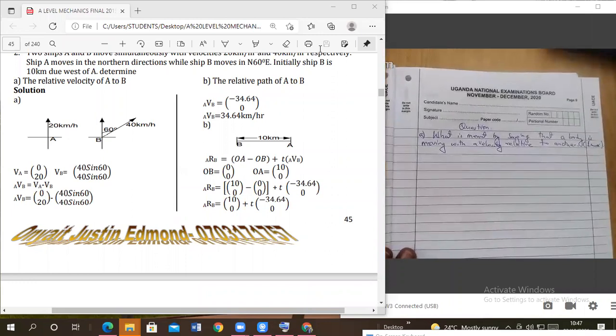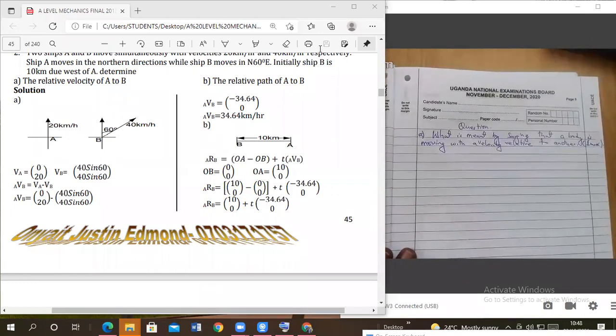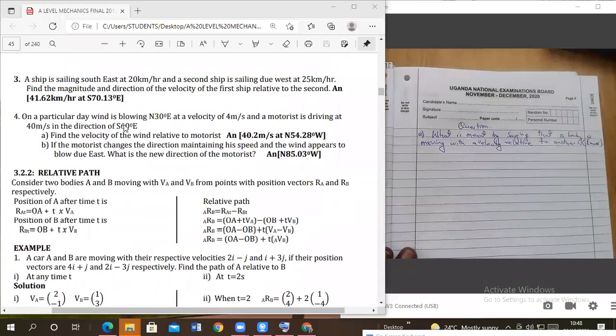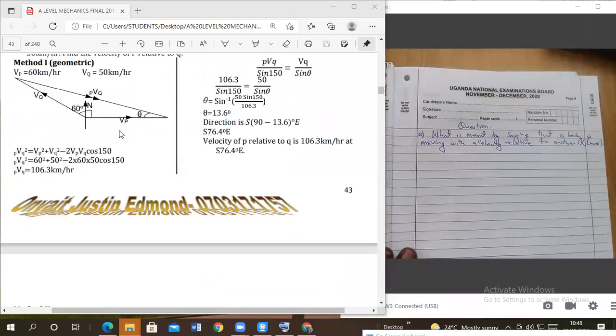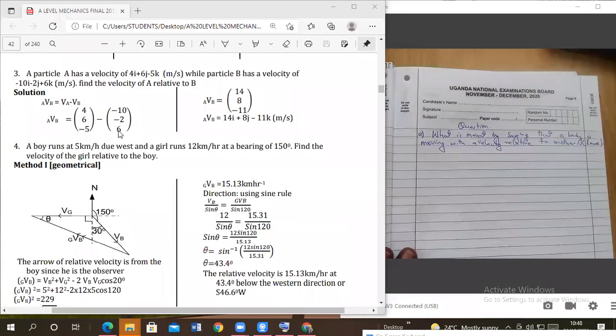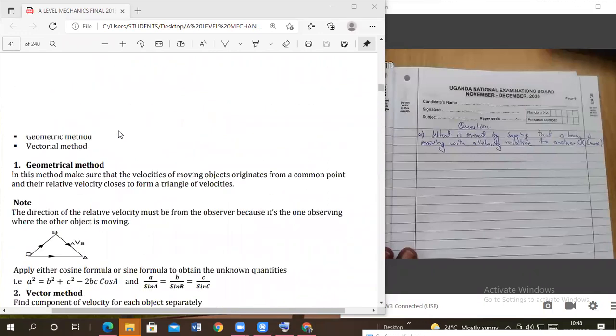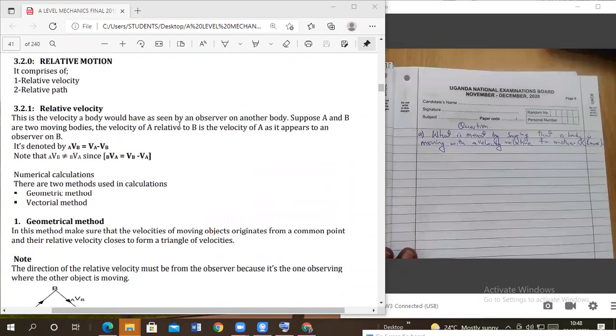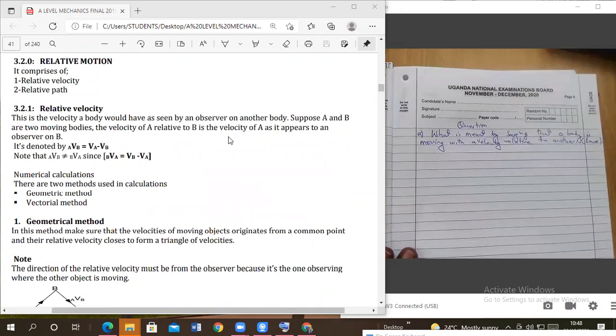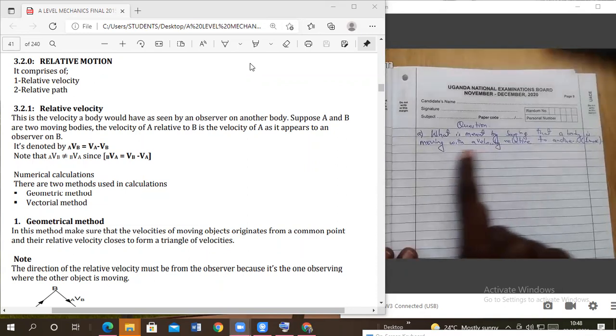What does it mean, members? I remember we have given the answers somewhere here when we were looking at relative velocity yesterday. What does it mean if we say that something is moving relative to another? We said relative velocity means? Because they're asking, what is meant by saying a body is moving with a velocity relative to another?